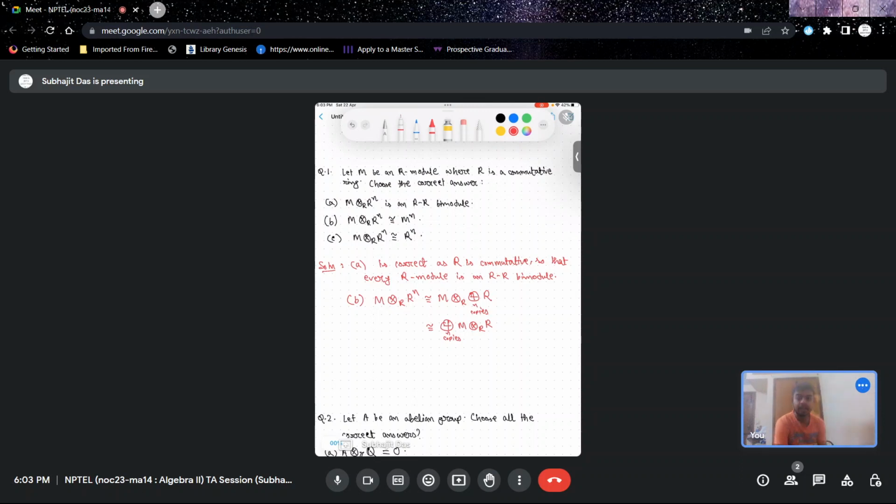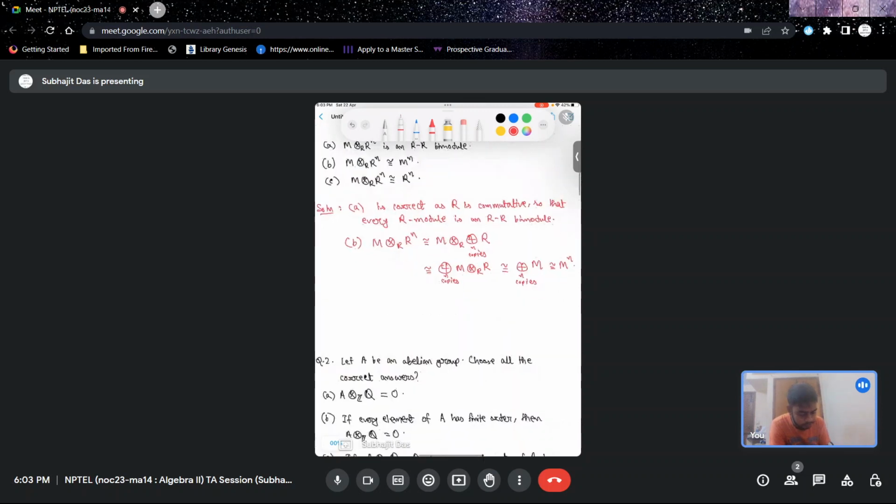That is, R is sort of a unit object for this operation of tensoring over R. So this is just isomorphic to the direct sum of n copies of M, which is just M^n. So option B is correct.